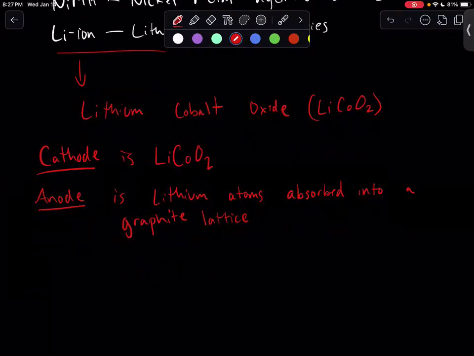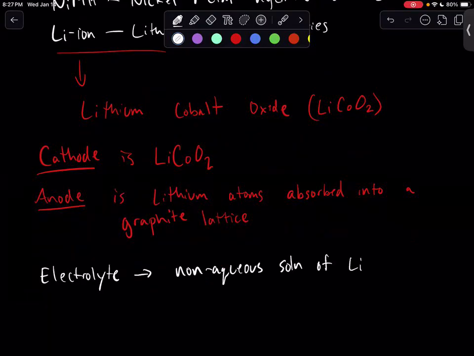Now, within this, we need an electrolyte as well. The electrolyte is a bit different than any voltaic cell we'll see. The electrolyte is going to be a non-aqueous solution of lithium ions.